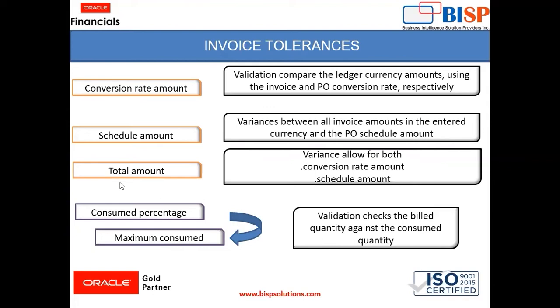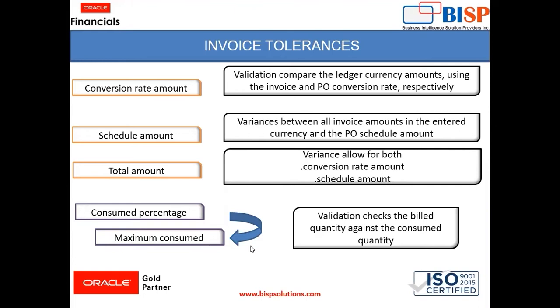And after that, total amount. In this, variances allowed are for both conversion rate as well as schedule amount in combination. And this tolerance can also be used for foreign currency invoices. And the last two types in quantity based tolerance are consumed percentage and maximum consumed.